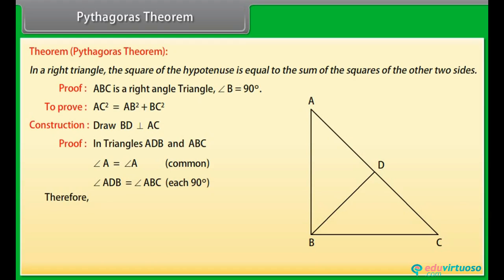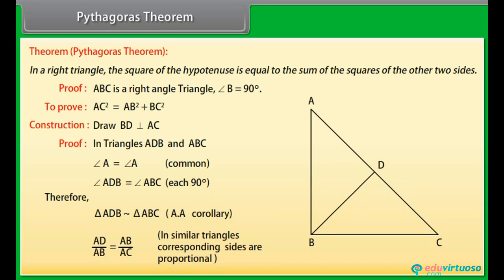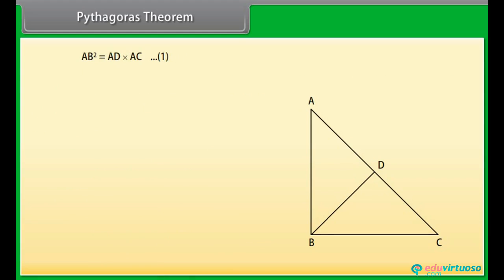Therefore, by AA corollary, triangle ADB is similar to triangle ABC, which implies that AD upon AB equals AB upon AC, because in similar triangles, corresponding sides are proportional. Or we can write it as AB square equals AD into AC, mark it as 1.